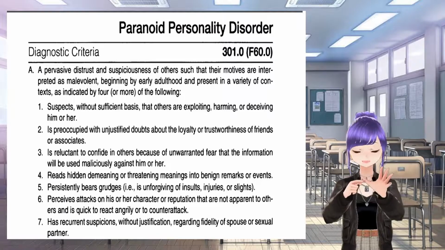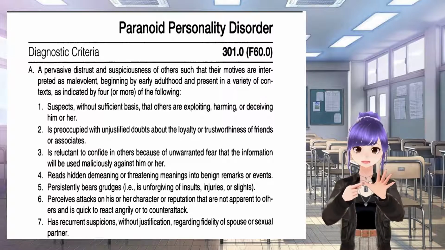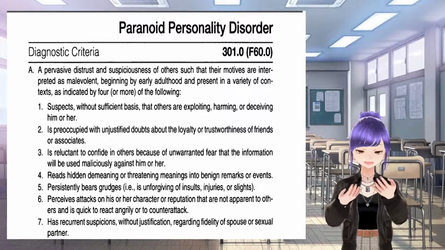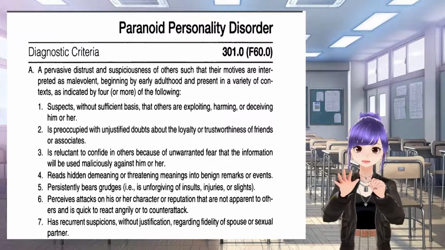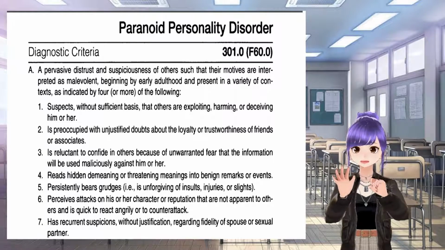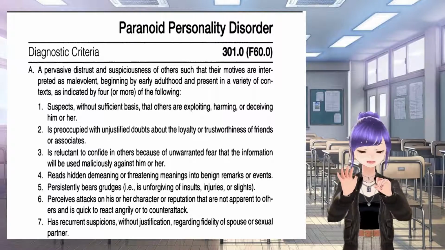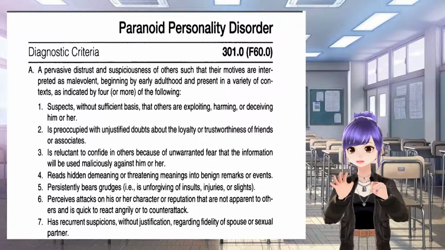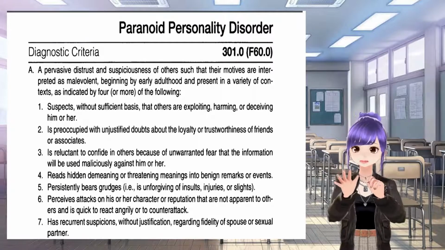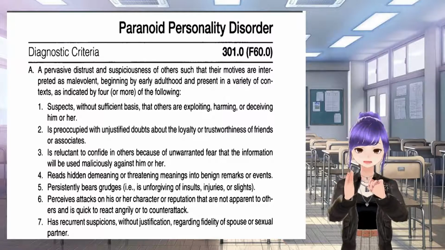Number 5 persistently bears grudges, so they are usually unforgiving of insults, injuries, or slights. Number 6, perceives attacks on his or her character or reputation that are not apparent to others and is quick to react angrily or to counterattack. And number 7, has recurrent suspicions without justification regarding fidelity of spouse or sexual partner.